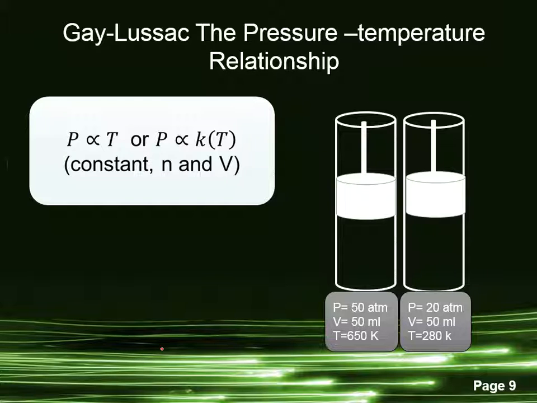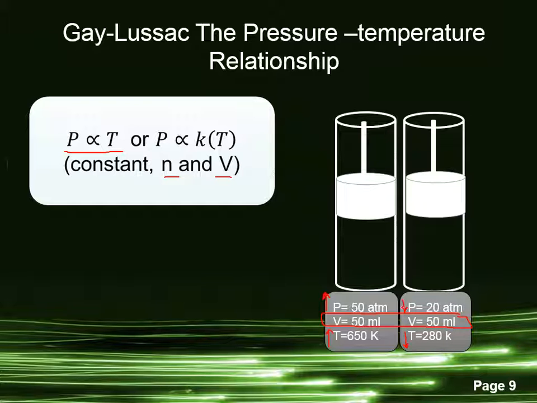Gay-Lussac showed the relation between temperature and pressure when the volume is constant. Look at this example here. We have two cylinders of gas with constant volume. When we heat up, the temperature of the gas particles increases, and as we keep the volume constant, the pressure inside the cylinder is going to increase immediately, depending on how much the temperature increases.